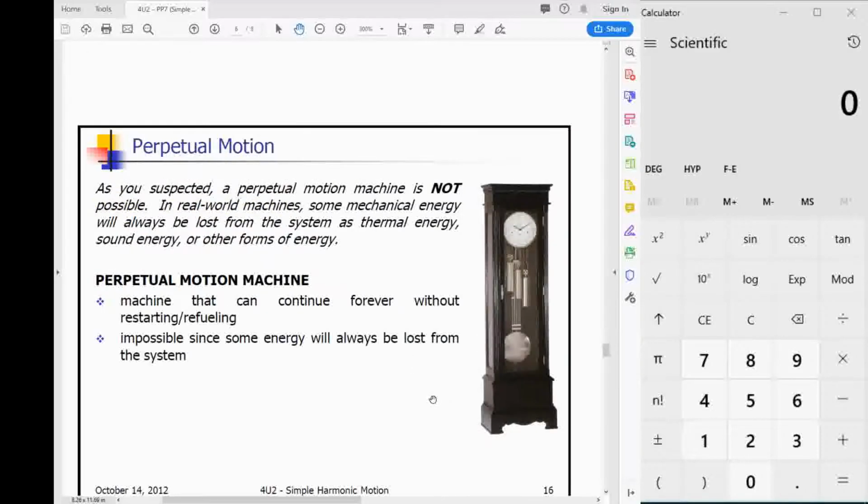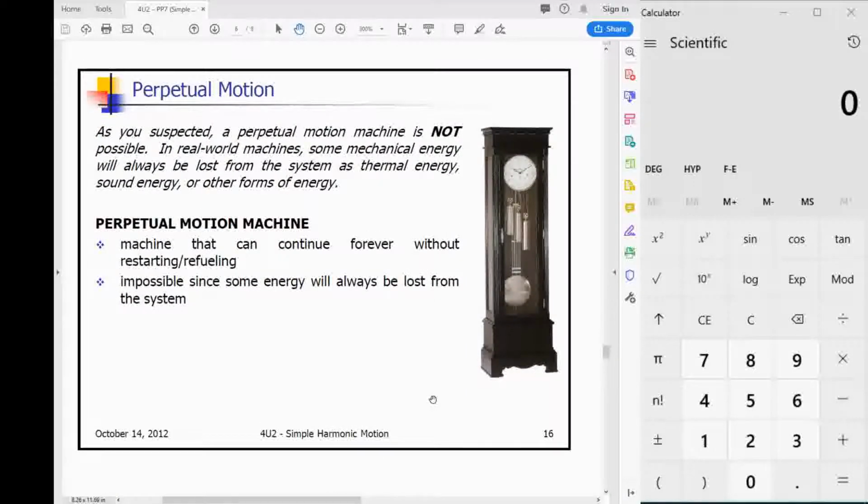So this question says, is a perpetual motion machine possible? It would not be possible because we do not have an example. There's no such thing as an undamped simple harmonic motion system, because there's always going to be friction in the system that is going to dissipate some of its mechanical energy into the atmosphere somehow.